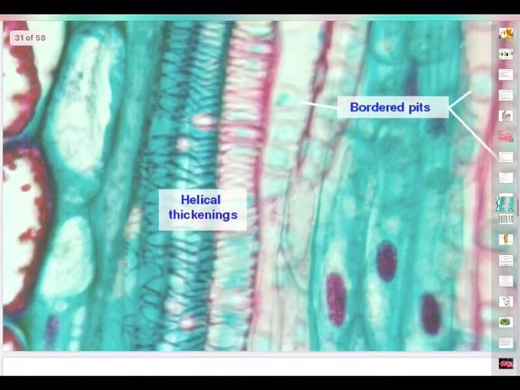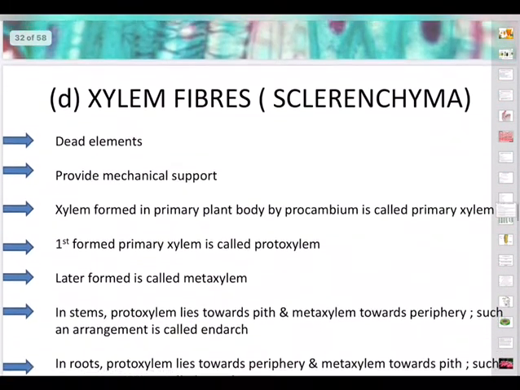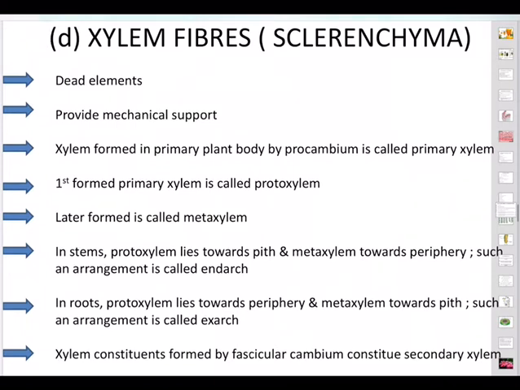Now look at this, the actual diagram, helical thickening. You can see the bordered pits, so through these pits water gets transported. And xylem fibers, these are dead elements, provide mechanical support. This is most important. Without that, root cannot penetrate.